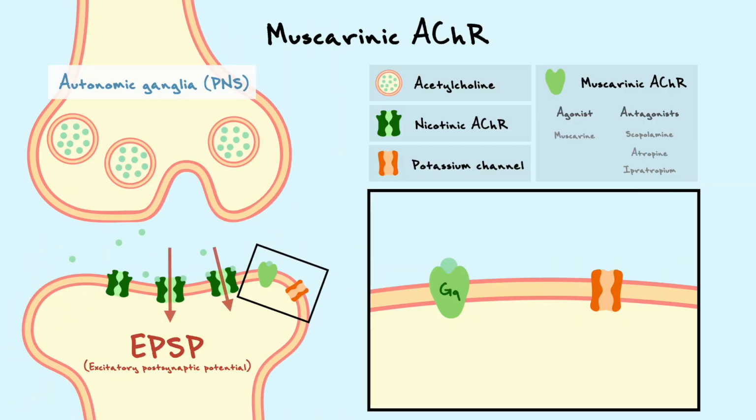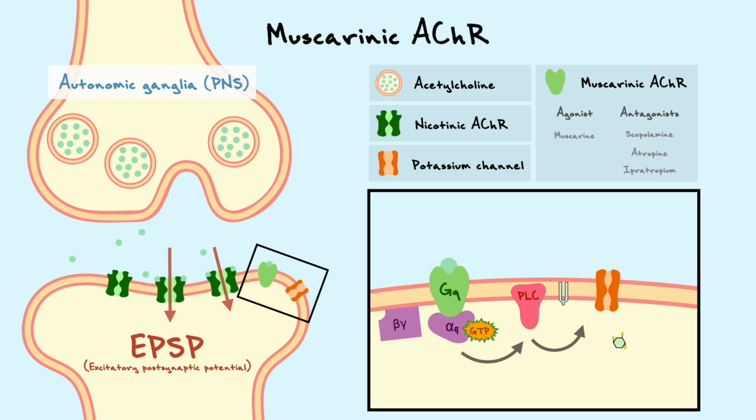Alright, now the second thing you need to know is that these potassium channels bind PIP2 as a cofactor to stay open. Therefore, when the muscarinic receptors get active, they activate Gq alpha proteins that in turn activate PLC. PLC hydrolyzes PIP2 into IP3, which in turn closes the potassium channel because there is no more PIP2.